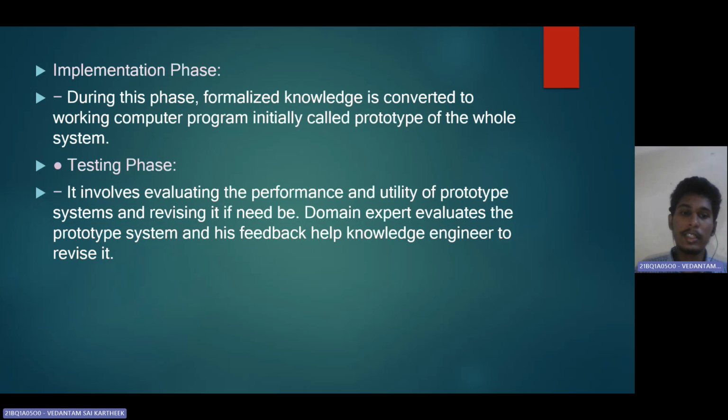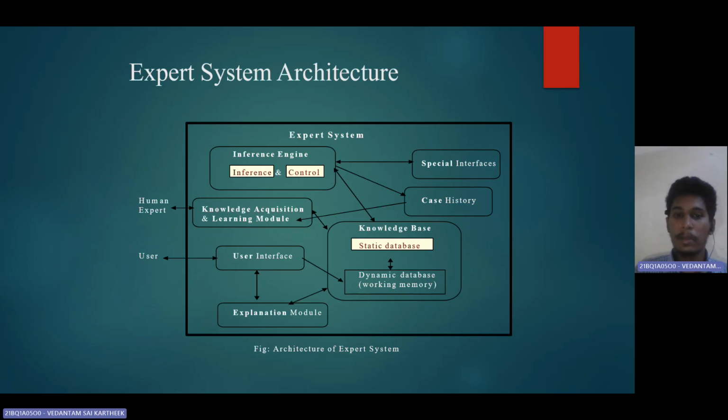In the next slide, we will be seeing the expert system architecture, where we can see that the user is interacting through the user interface, which gets the data from the user. It is stored in the dynamic database, which is empty at the start of the questioning, and it is compared with the static database.